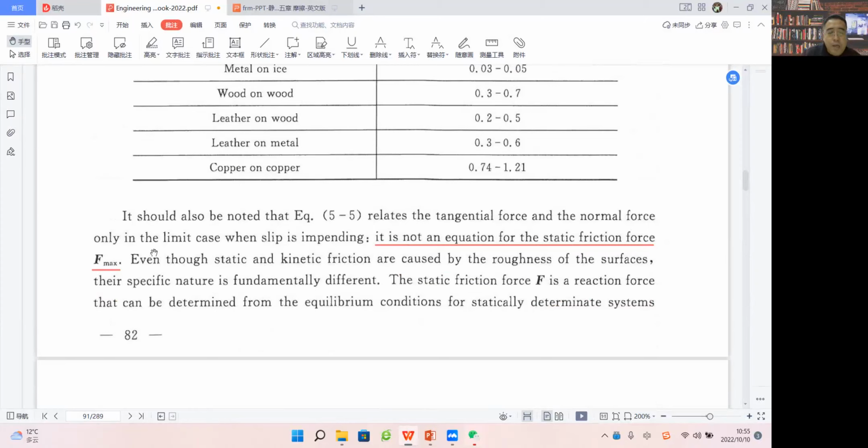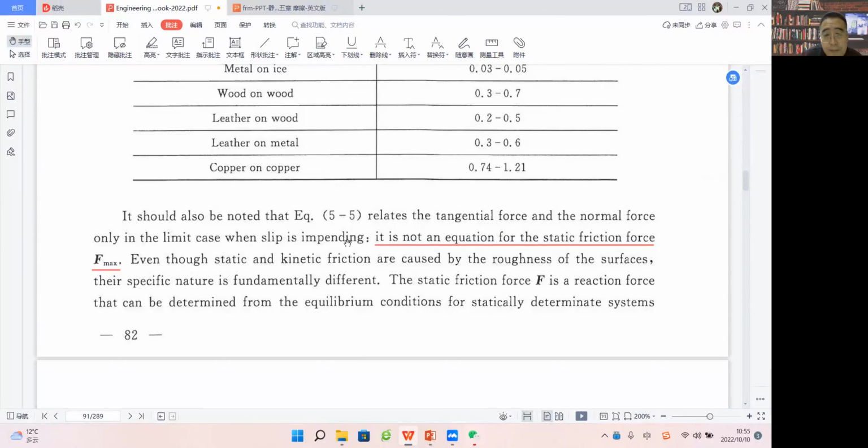So it's noted that the tangential force and normal force relation holds only in the limited case when slipping is impending. Actually, it's another phrase telling us it is in a critical state, right?